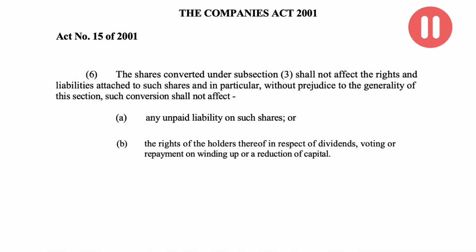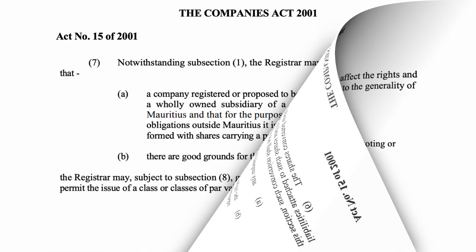Continuing with subsection 6, the conversion of shares under subsection 3 won't change the rights and responsibilities linked to those shares. Specifically, this means A, any outstanding payments due on the shares, and B, the rights of the shareholders regarding dividends, voting, repayment during liquidation, or a reduction of capital will remain unaffected.